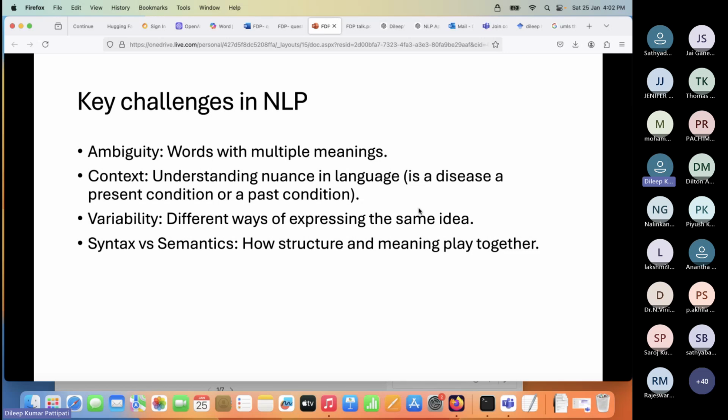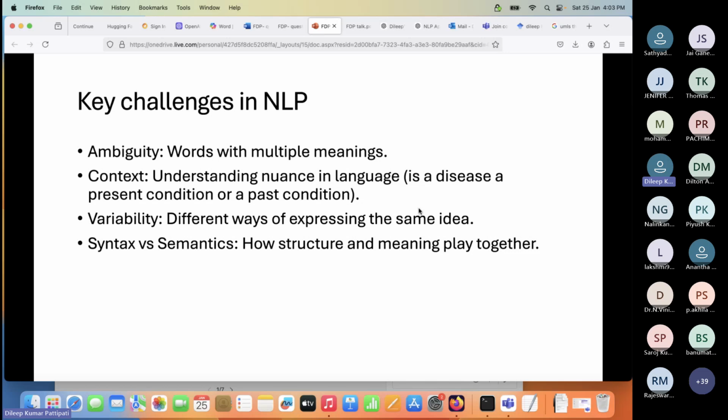Words can have multiple meanings depending on the context, and we have to resolve them. And then context, understanding the nuances in the language. For example, if you see some disease in a medical chart, whether the disease is a present condition or a past condition, that context is very important. And then variability.